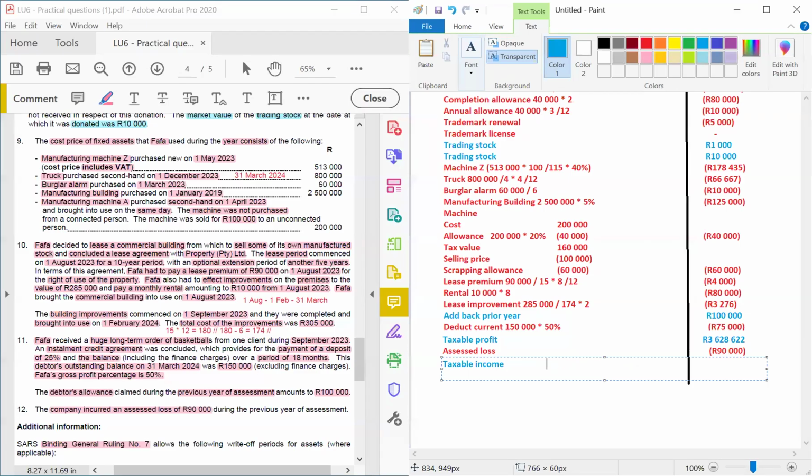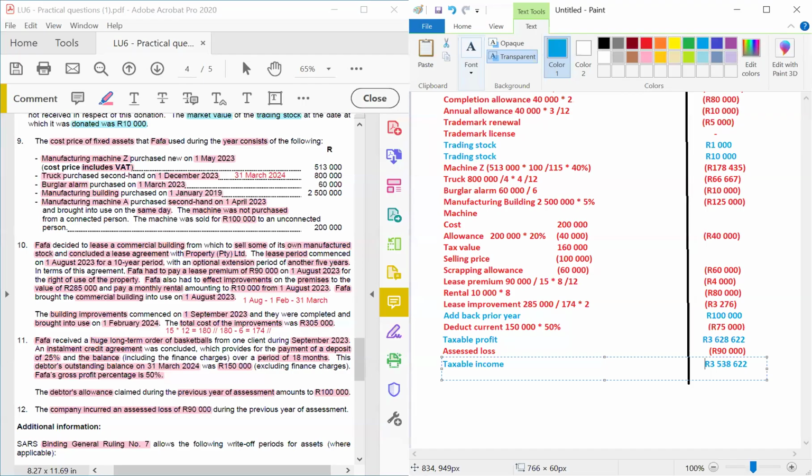So I just need to take that amount and deduct, right? There would be minus 90,000. So that gives me 3,538,622, right? So that's what I get.